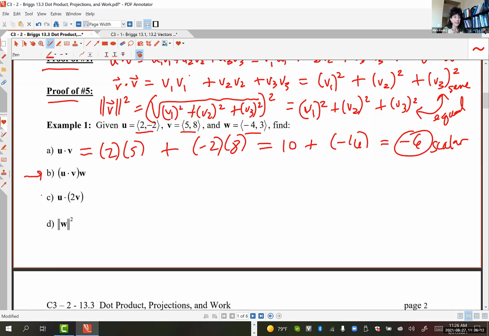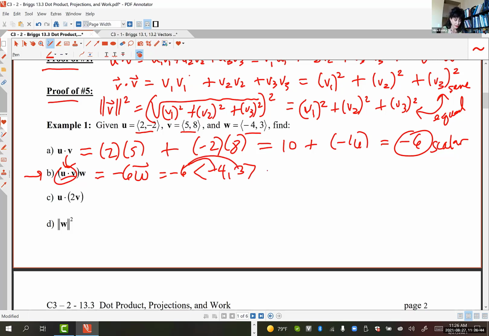Letter B is a little tricky. You're taking the dot product of U with V, and then once you get done with that, you're going to multiply it with W, which is scalar multiplication. Now, I already did U dot V, so I don't feel like doing it all over again, if you don't mind. So really what they're asking us to do here is take that dot product, which we got was negative 6, and multiply it with W. This is called scalar multiplication, which we learned already. And scalar multiplication is not a dot product.